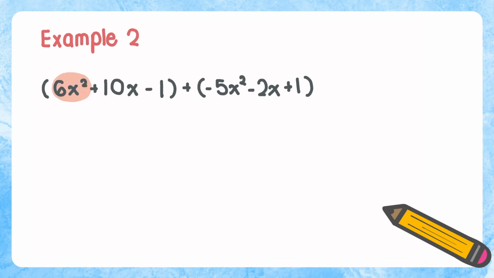So 6x squared has a degree of 2, so this would be a quadratic. And then the 10x has a degree of 1, so we would call this a linear term. Up next we have this negative 1. Since it has no variable next to it, it has a degree of 0, and so it is a constant term.